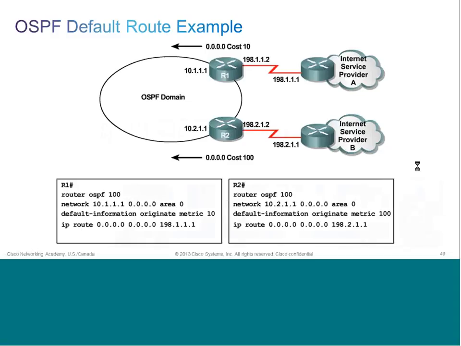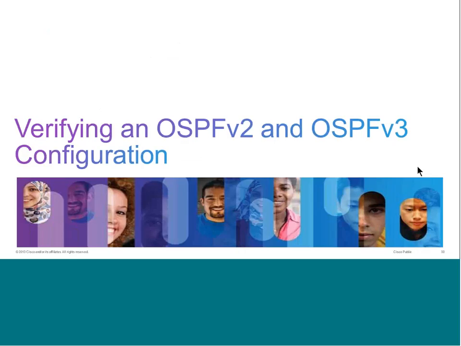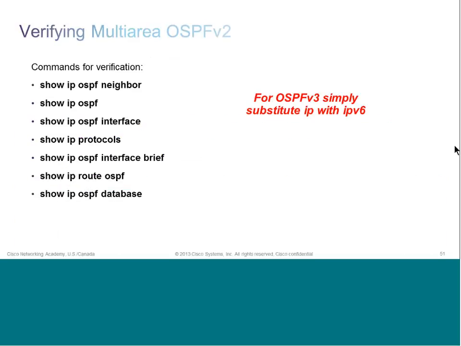The next part of the presentation is on verifying an OSPF version 2 and OSPF version 3 configuration. So our key commands for verification should look familiar. You've used these commands before when you were doing single area OSPF.